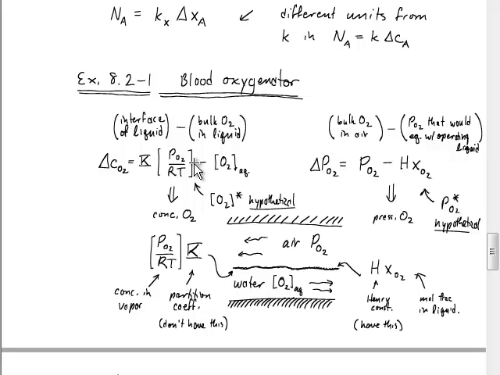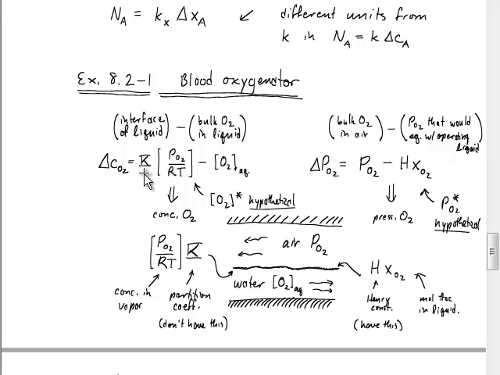And I could think of this then as corresponding to the concentration of oxygen in water that would be in equilibrium with the pressure of oxygen in that gas phase. Then I would take and subtract from that the actual concentration of oxygen in the liquid phase. And that could be my concentration driving force.